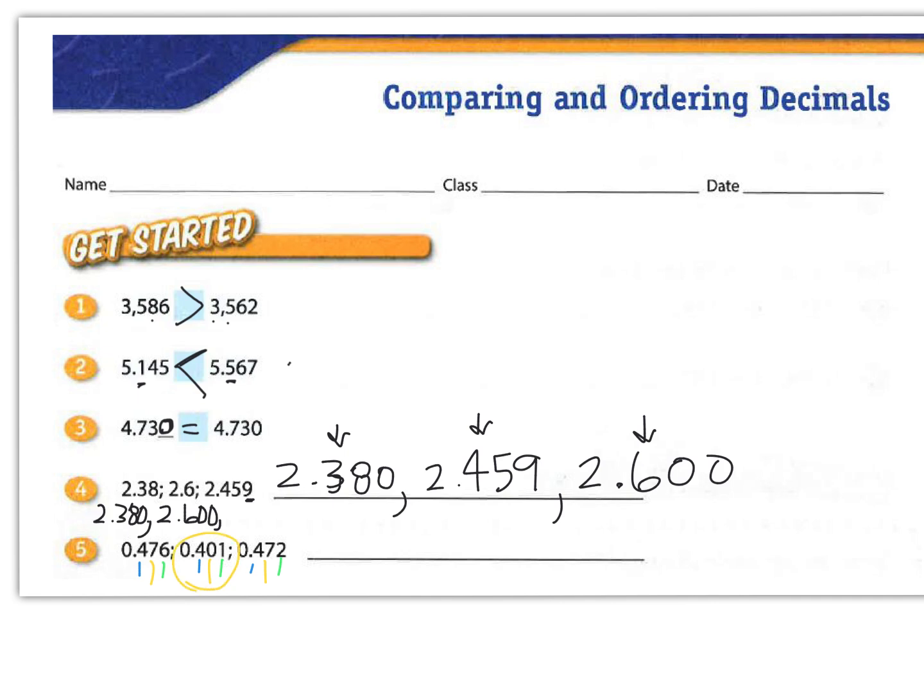Well, we can easily see that 0.401 is the smallest. And then we have 476, 472. Well, 72 is less. So then we have 0.472, and then 0.476.